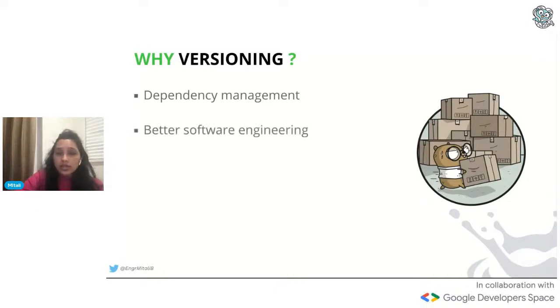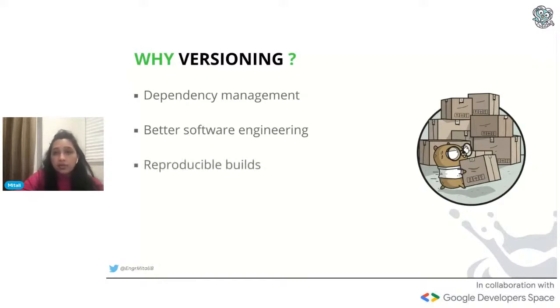Second is better software engineering. Software engineering happens when software developers collaborate with each other. That means they work on the same piece of code, which is not static, right? Code is evolving over a period of time. So when one software engineer is working on one piece of code, how does the other person know that he or she is updated with the code? That's needed to collaborate more.